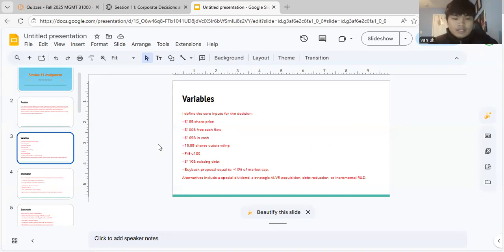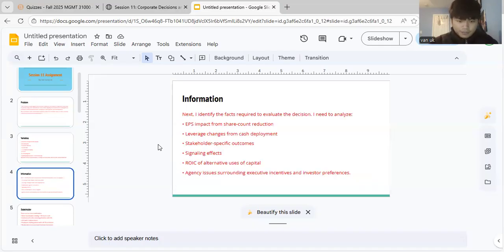The variables in this scenario are the 185 share price, the 100 billion free cash flow, the 165 billion in cash, the 15.5 billion shares outstanding, the P/E of 30, the $110 billion in existing debt, the buyback proposal equal to roughly 10% of market cap, and the alternatives that include a special dividend, a strategic AI/VR acquisition, debt reduction, or incremental R&D.